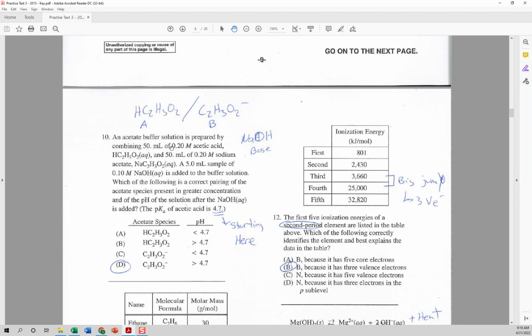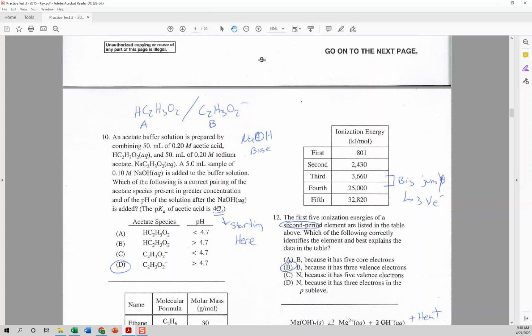Okay, and since we had equal amounts, if you go 50 milliliters of acetic acid and 50 milliliters of 0.2 molar sodium acetate, you have equal amounts of this, so it's going to start at the pH before the attack is going to start at the pKa, and they tell us the pKa is 4.7.